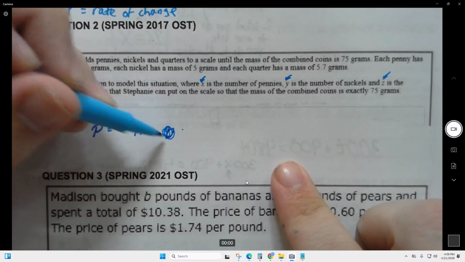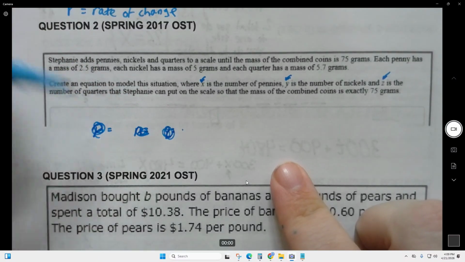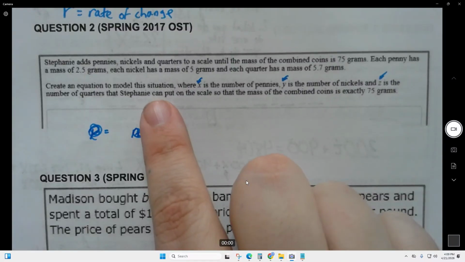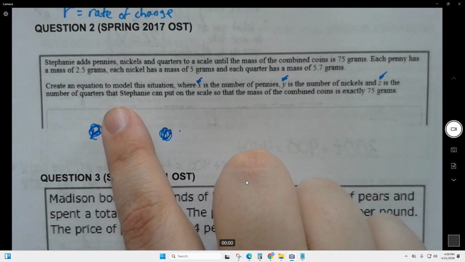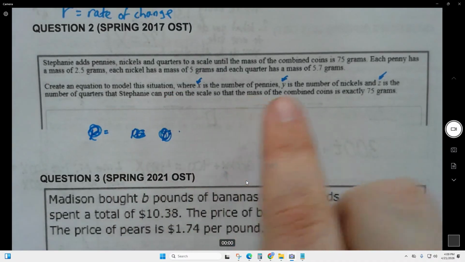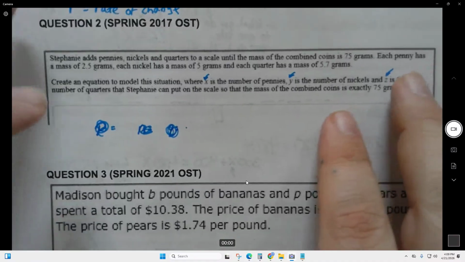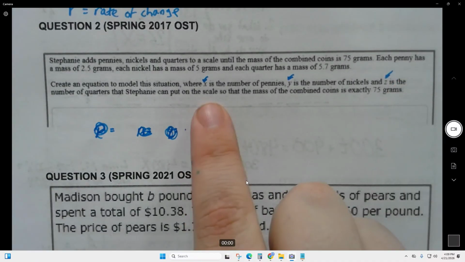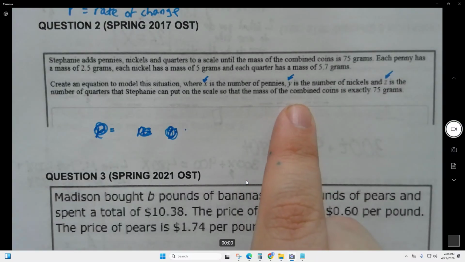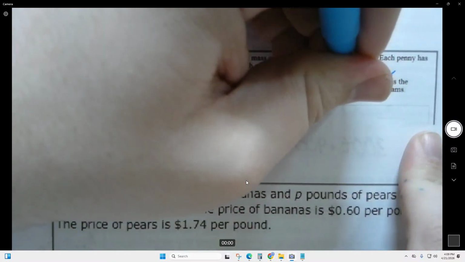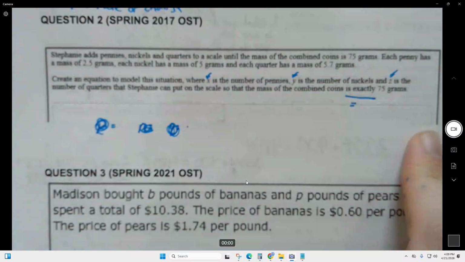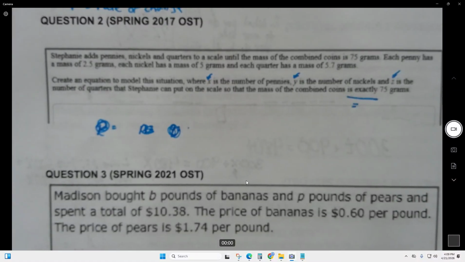So, what are we looking to know? Create an equation to model this situation where X is the number of pennies, Y is the number of nickels, and Z is the number of quarters that Stephanie can put on the scale so the mass of the combined coins is exactly, that means equals, 75 grams.